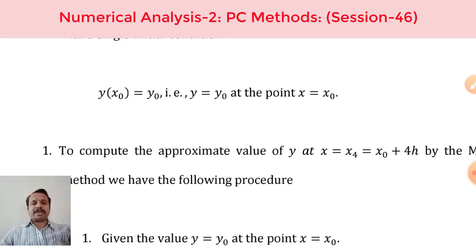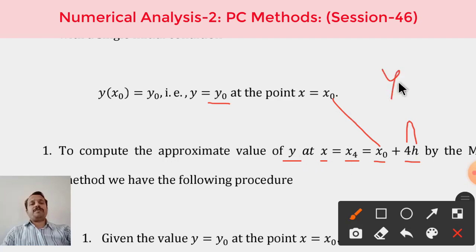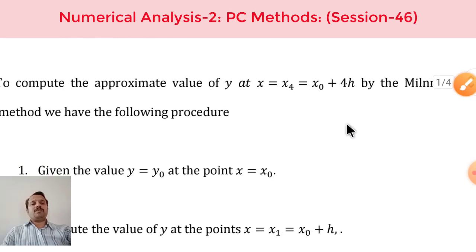So in order to compute the value of the unknown y at the point x is equal to x4, usually x4 will be taken as x0 plus 4h. x0 will be the initial value given from the initial condition. So x0 plus 4 times the interval difference h will become x4, and the value of y at x4, that is y4, we want to compute using the so-called Milne method.